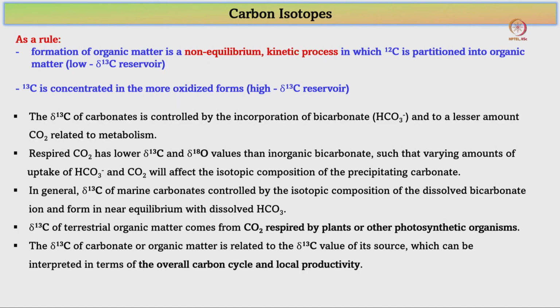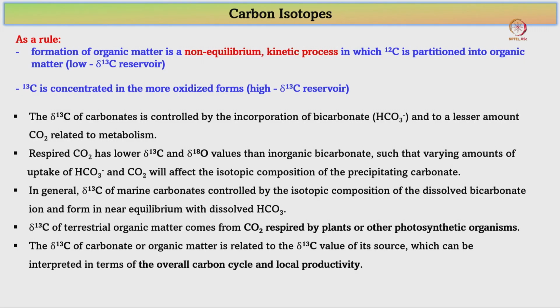So, the lighter isotope has a faster velocity than the heavier isotope, that means it reaches the spot of the reaction faster, and therefore, it gets preferentially absorbed also. So, this organic matter is higher in 12C composition as compared to 13C.